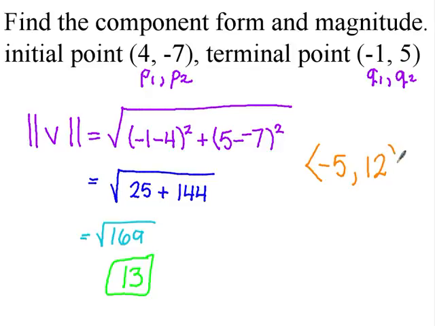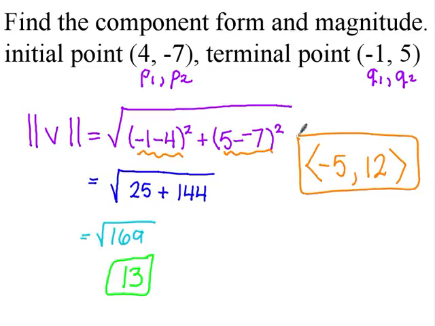In looking at this problem, here's where the negative 5 comes from, and here's where the 12 comes from. So that would be the component form. All you do is subtract your x's and subtract your y's. So we have our component form and we have our magnitude. Okay, so far so good?